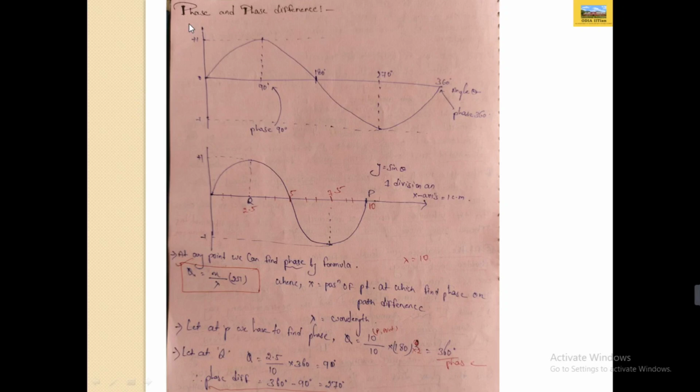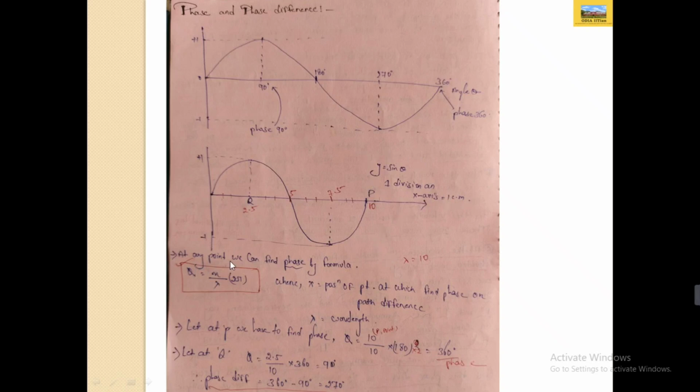Now, this is one of the most important formulas. A question has not come from here yet, but it can come very soon in the GATE exam. You can see here, this is a full wave from 0 degree to 360 degree. In this case, the phase is 90 degrees, 180, 270, 360 respectively. Now, you can see these points, one division on the x-axis is 1 centimeter.